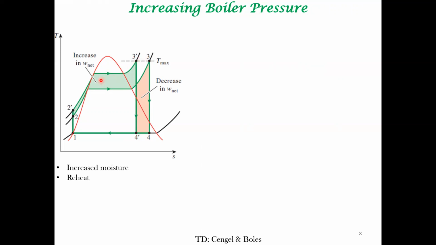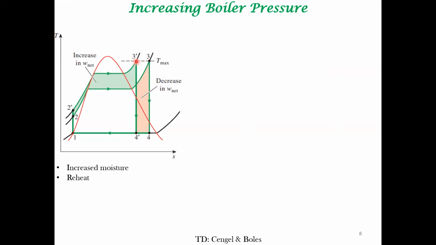That is true. And the increase in net work that you obtain is this shaded area, and the decrease in net work is you're losing this shaded area. So it's a balance between these two, but it has certain disadvantages too, right?